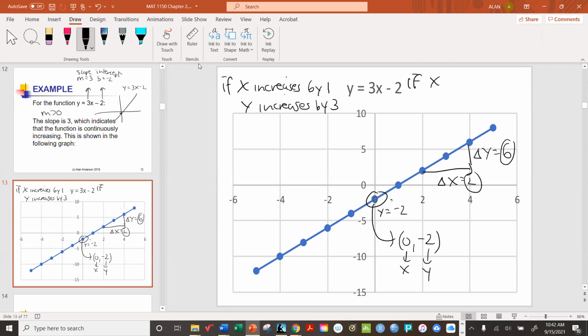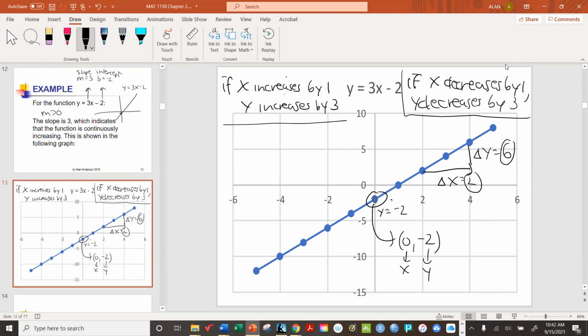So if x decreases by 1, then y would also decrease, but by 3. That's what the slope means. And that never changes. By the way, it doesn't matter which 2 points you choose, you'll always get the same result. So in other words, the fact that this is a straight line results from the fact that it is a constant slope.